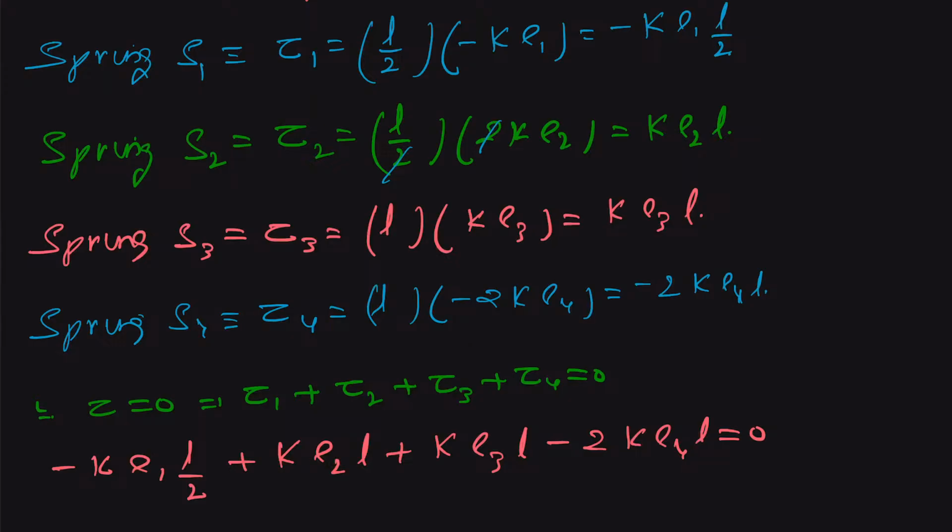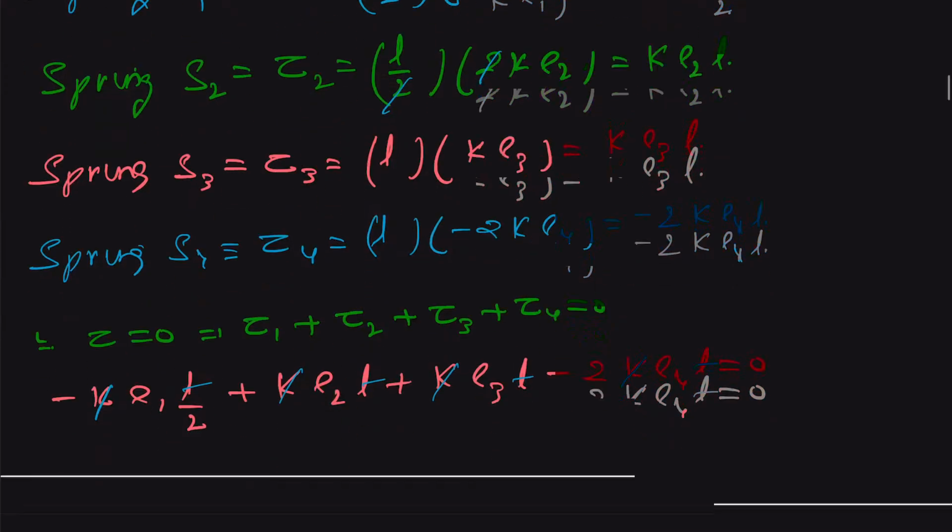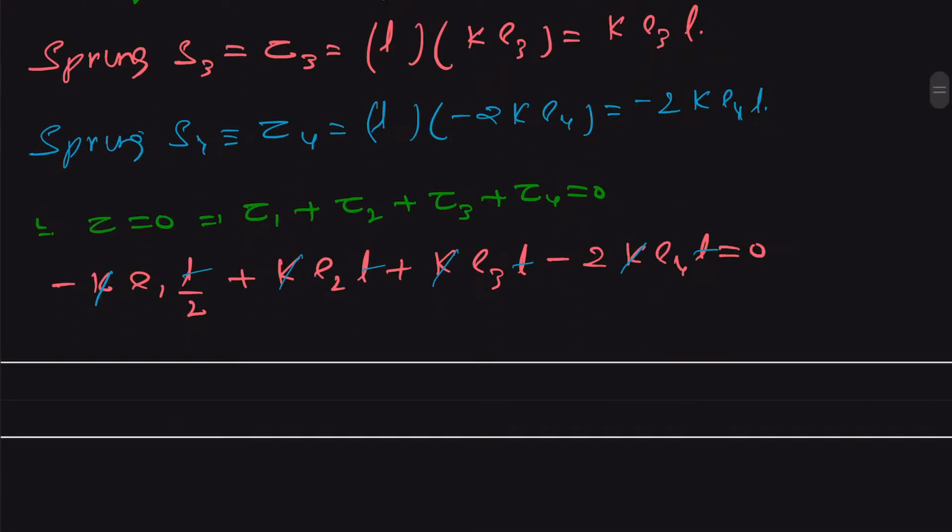And this kL we can just cancel throughout because they cannot be equal to 0, and from here we multiply throughout by 2. So we get minus E1 plus twice E2 plus twice E3 minus 4 times E4 is equal to 0.